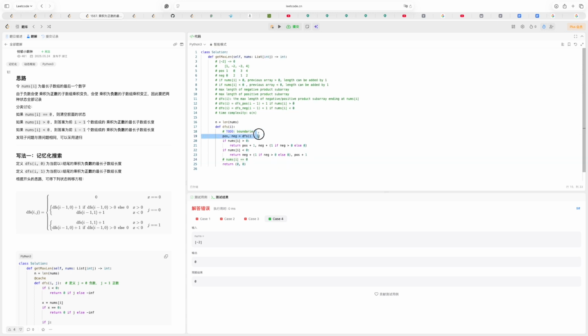And so let's do the boundaries. For the boundaries, we don't want i minus 1 to be out of bound. So if i is smaller than 0, it is invalid. Maybe if i is 0, then we can return a positive value, like if nums[i] is larger than 0.